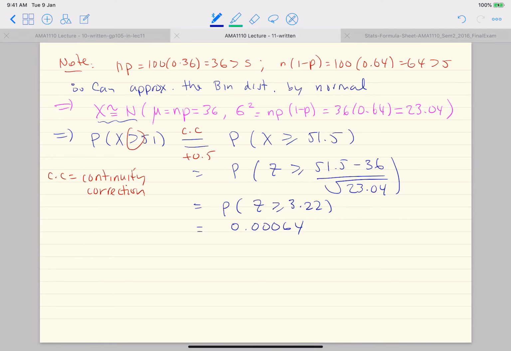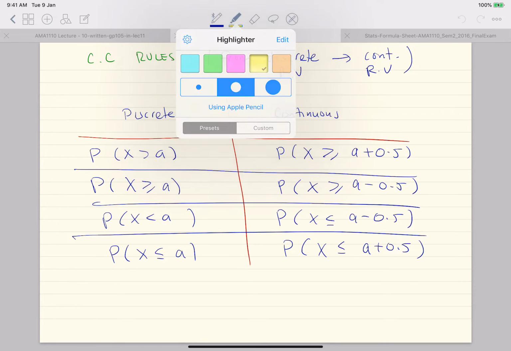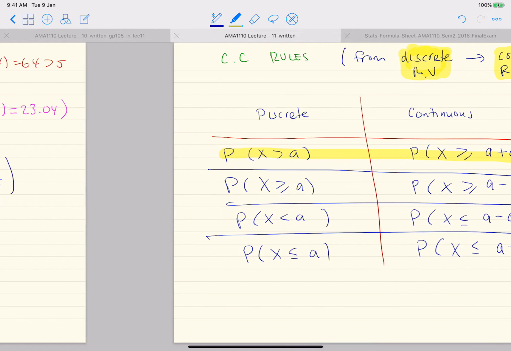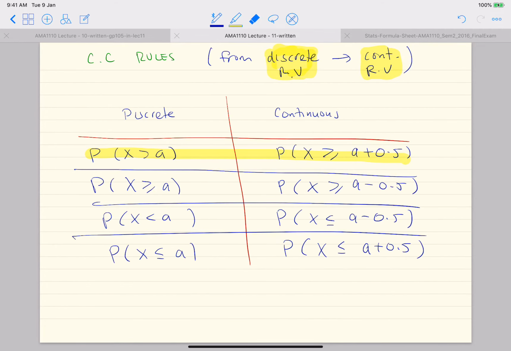So what is this continuity correction that we've been talking about? It outlines the rules for when you approximate an original discrete random variable by a continuous random variable. This is the first rule, which we used here, where we have a greater than. The rest of the rules go as follows.